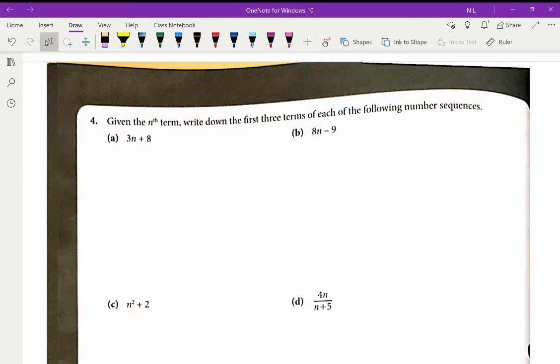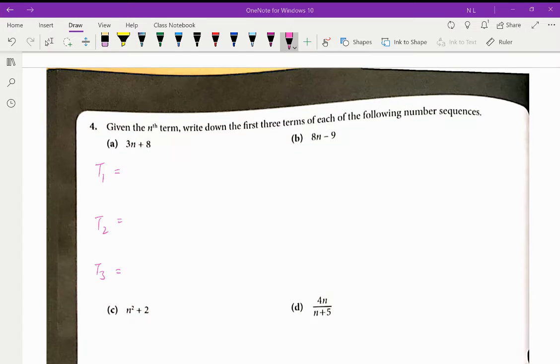So for question 4, let's highlight some keywords. They say given the n term, which is the expression here, write down the first three terms of each number sequence. For question 4a, they tell me that 3n plus 8 is the general expression for any term in any position in this number sequence.